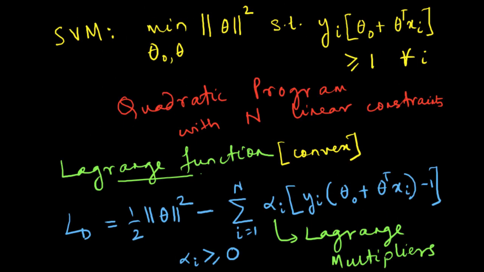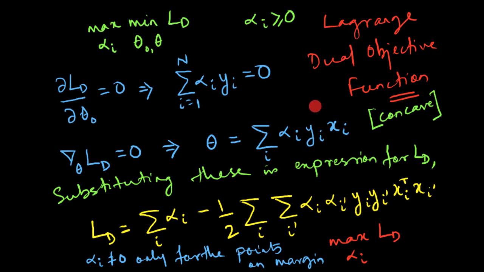So essentially your expression summation i alpha i yi xi, which determines your model parameters theta, is only governed by the alpha i's for the support vectors, because all other alpha i's are exactly equal to 0. And here note that alpha i and yi are scalars, but xi is a vector, because of which your theta is also a vector. So the dimension of theta is exactly equal to the dimension of xi.